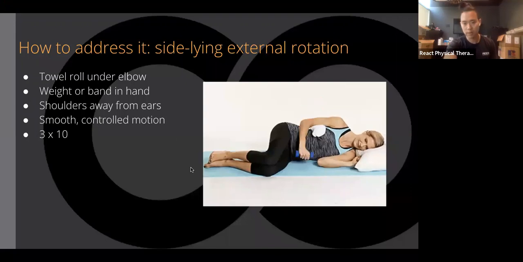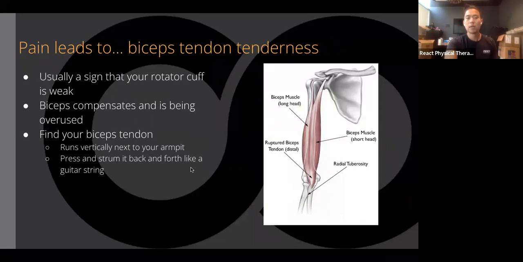All right, so that's for rotator cuff strength. Pain can also lead to biceps tendon tenderness. So when your biceps tendon is tender, that's usually a sign that your rotator cuff is weak. They call it kind of a canary in the coal mine. It's going to warn you, because that usually means your rotator cuff is weak.